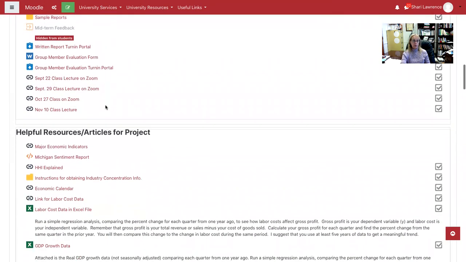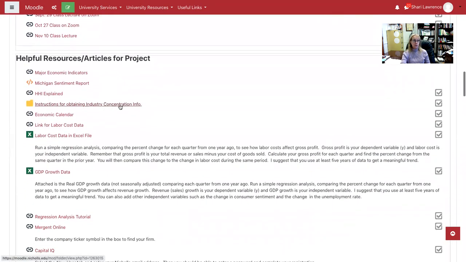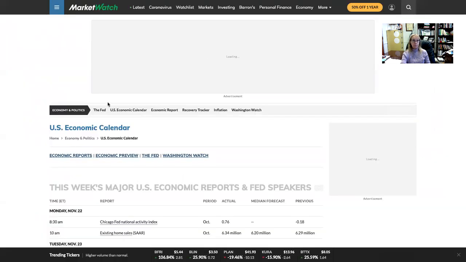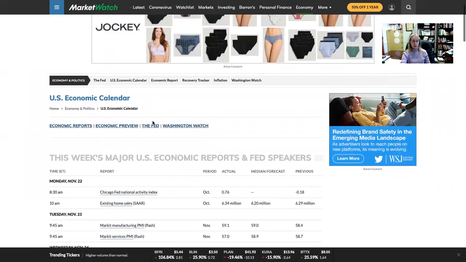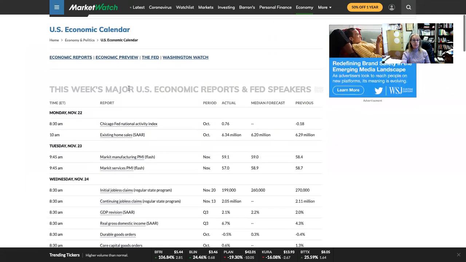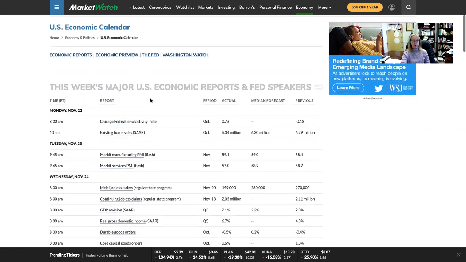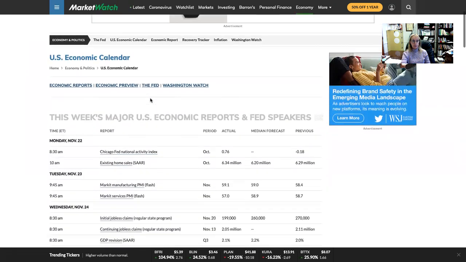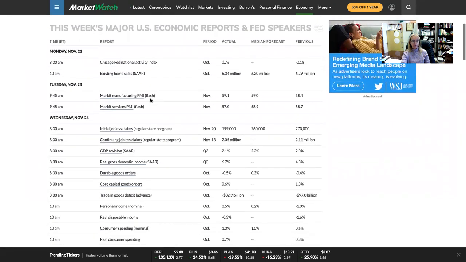But if you want to find out what the latest information is, you can go to this economic calendar. Here's a link. There's several of them. This is from MarketWatch, and this is what's happening this week. You can look at previous weeks, and you can look at the weeks going forward too.